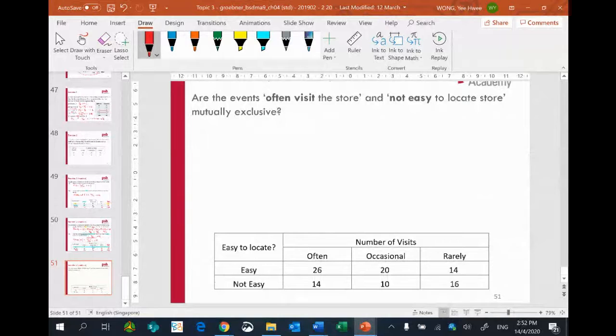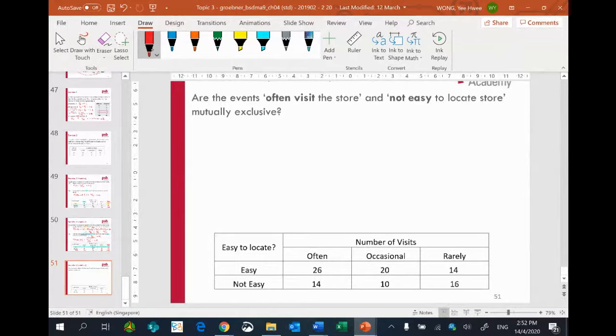Ask you, are the events often visit and not easy mutually exclusive? Often visit, not easy is here. Are these two mutually exclusive?